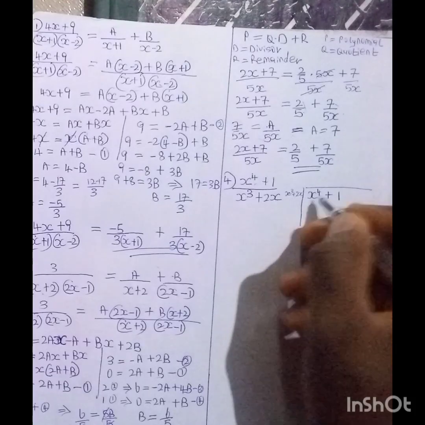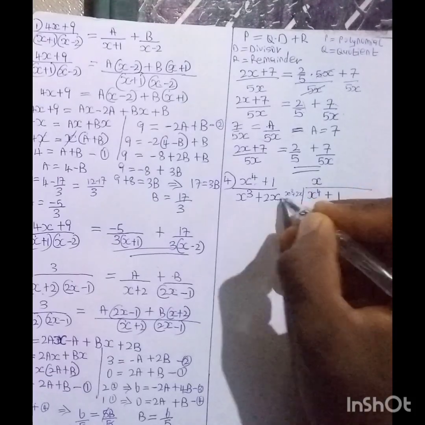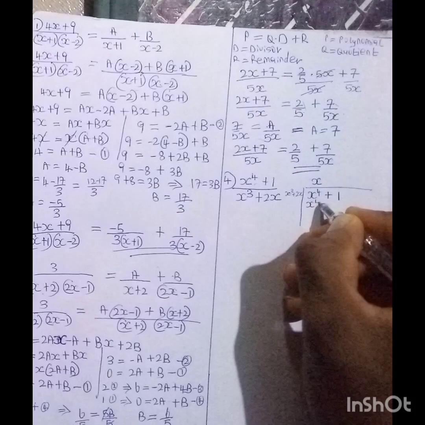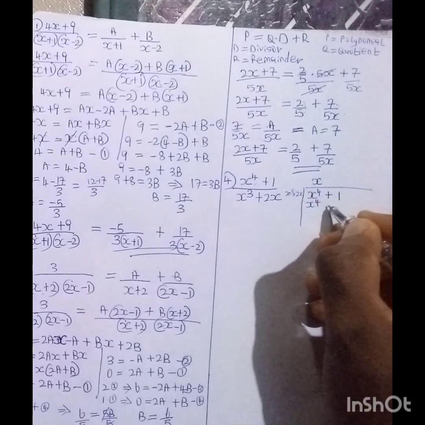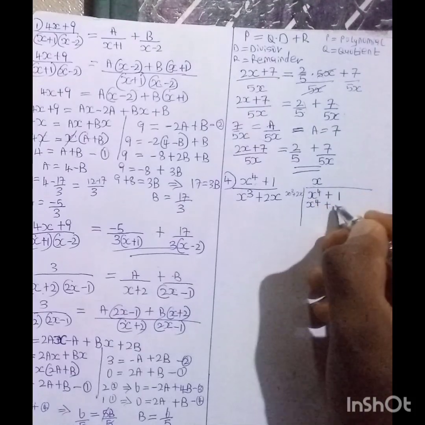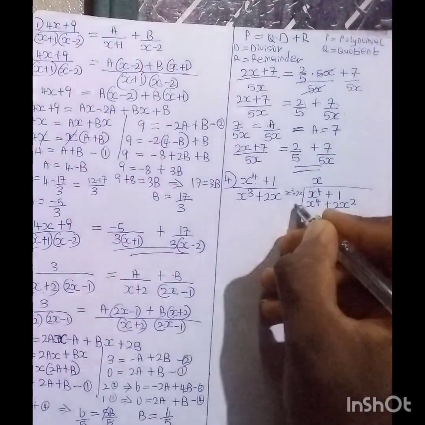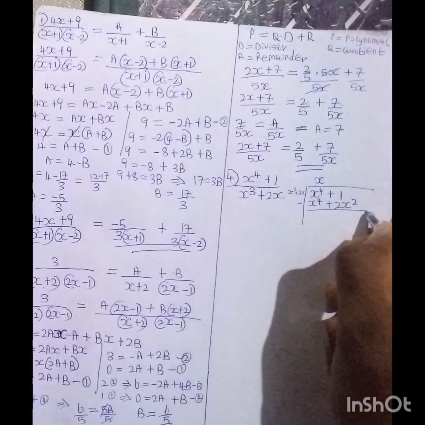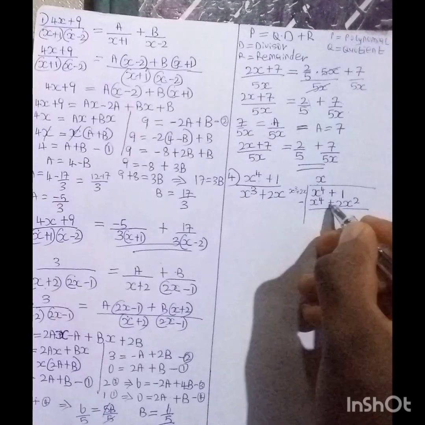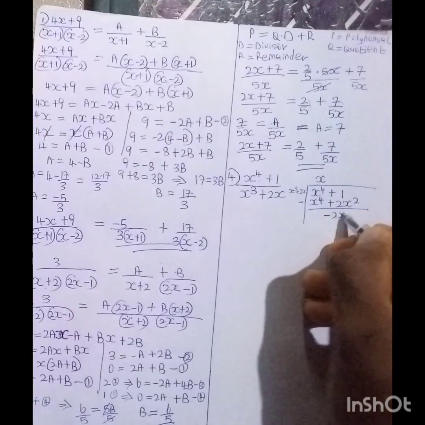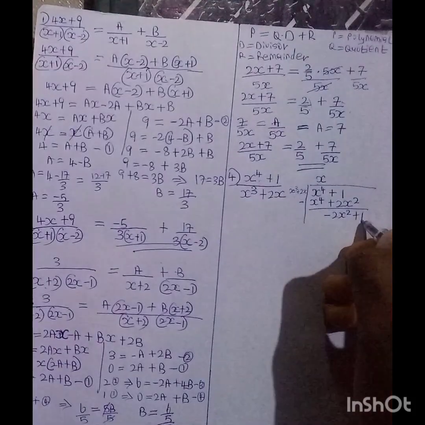So this divide this, you have x times x cube, x raised to the power 4, x times x square plus x times 2x, sorry, plus 2x, 2x square. So we minus, we are left with minus 2x square plus 1.